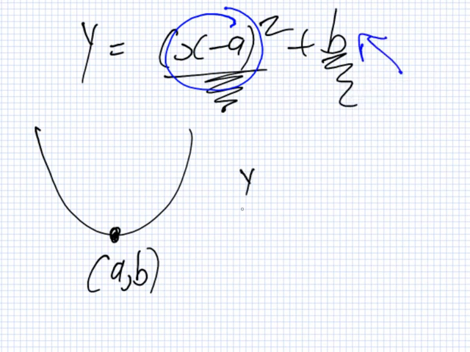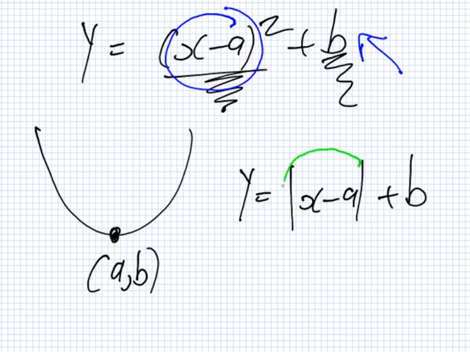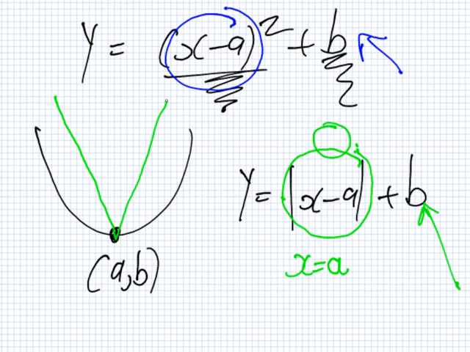If I say y equals the absolute of x minus a plus b, notice the similarities. This is always positive. The smallest this could be is 0. This happens when x equals a, and the b is what you get for the y. For this graph, which will be a V shape at (a, b).